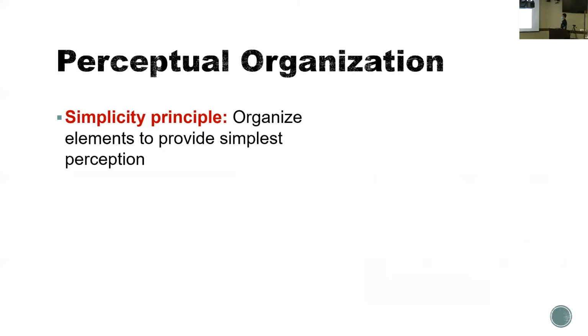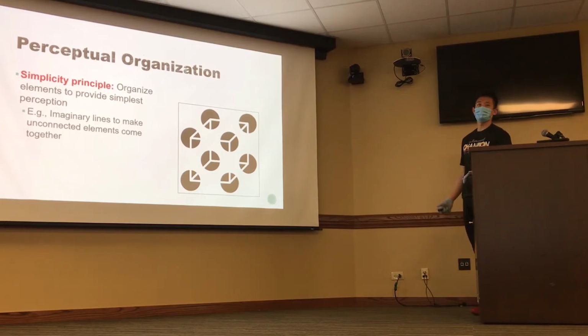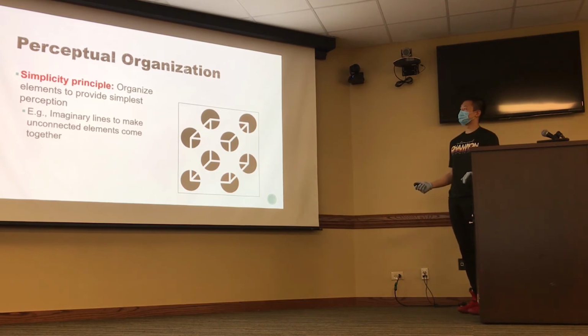Next, we have the simplicity principle. This is when we organize elements to provide the simplest perception. For example, we have imaginary lines to make unconnected elements come together. So what do you see here? Like a box. Box, cube, right? But is it really there?